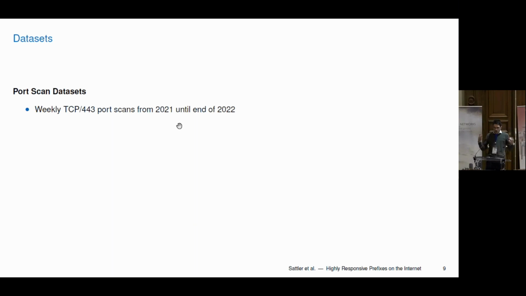For all following evaluations, we used different data sets, which I will shortly introduce. First, we have a weekly TCP 443 port scan from the beginning of 2021 until the end of 2022. We also performed dedicated port scans from Munich and Saarbrücken for 36 additional ports.